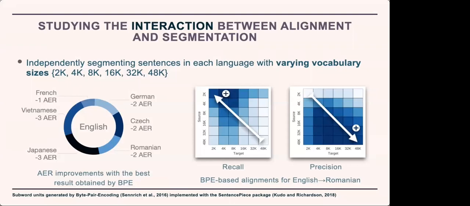Having short units in the top left zones, 2K or 4K on both sides, yields a better recall but a much worse precision. The opposite trend, better precision and worse recall, is found in bottom right zones where we approach word-based models.